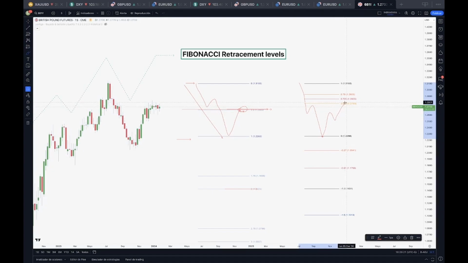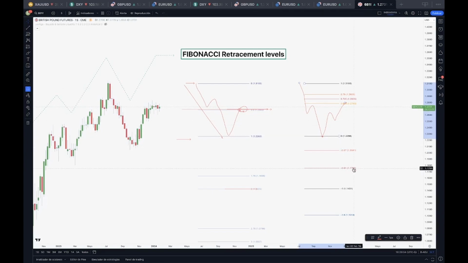Well, then with these extensions, I can have a potential target for this specific one. For example, the target for the specific golden ratio, it's minus, or for example, the deep discount ratio, the 0.79, it will be minus 0.27. So each retracement will have each extension as well.